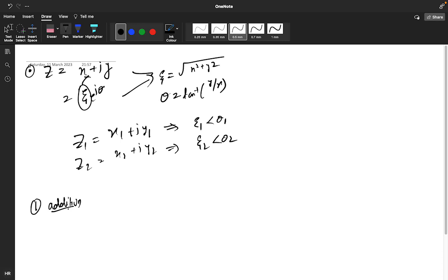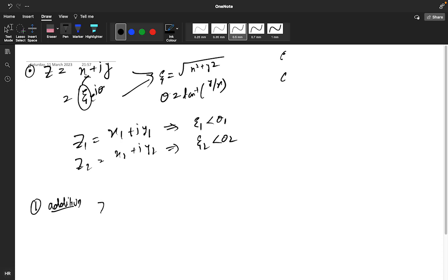Just you are taking mod Z as zeta, right? This is nothing but polar conversion. Yes, zeta is the mod value and theta is the angle.